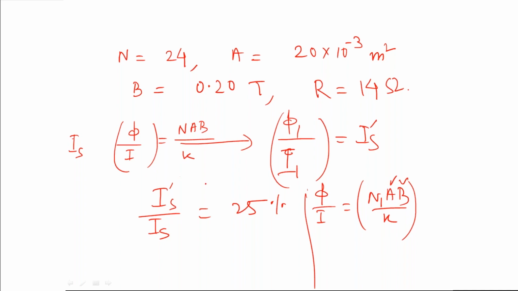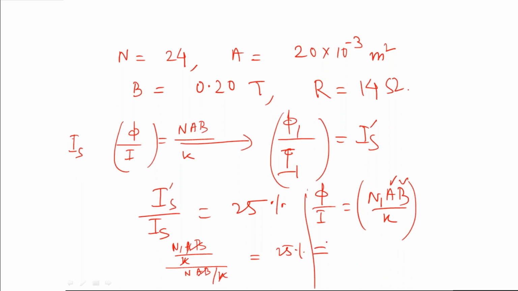If I take the ratio of these two, what I get is N1 prime A B by K divided by again N A B by K. So this A B by K will cancel each other, and this sensitivity ratio is 25%.